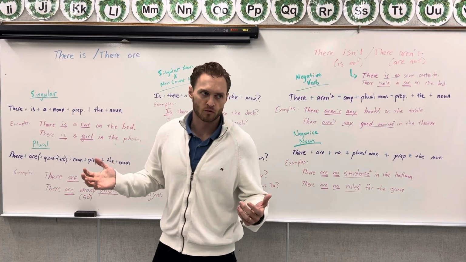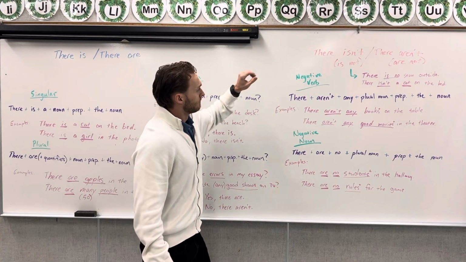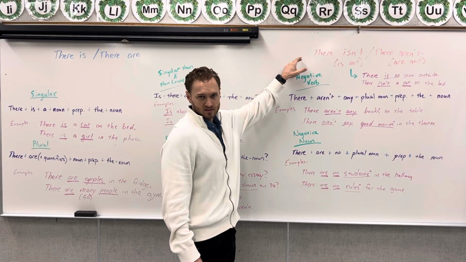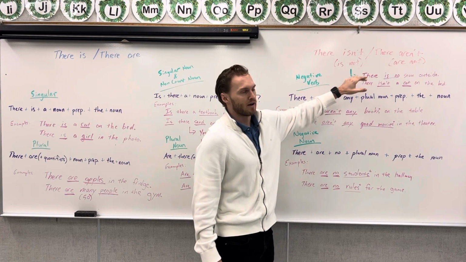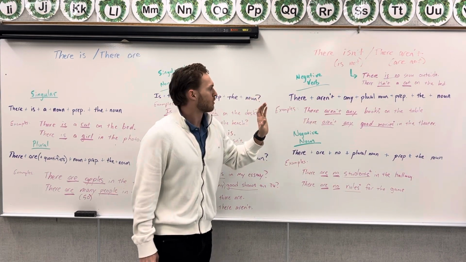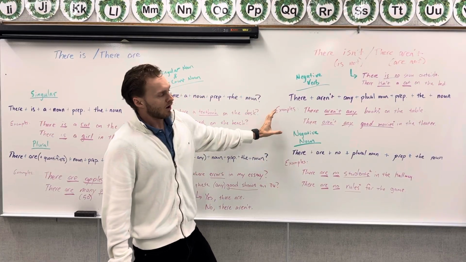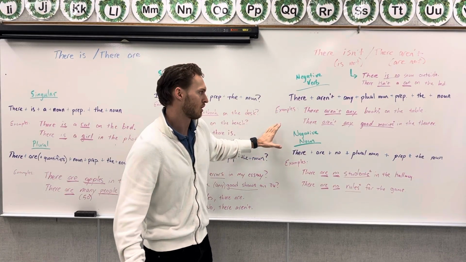Now let's go over what happens if it is negative. So for negative, we have there isn't, or there is not, and there aren't, or there are not. Most of the time you're going to be using aren't.